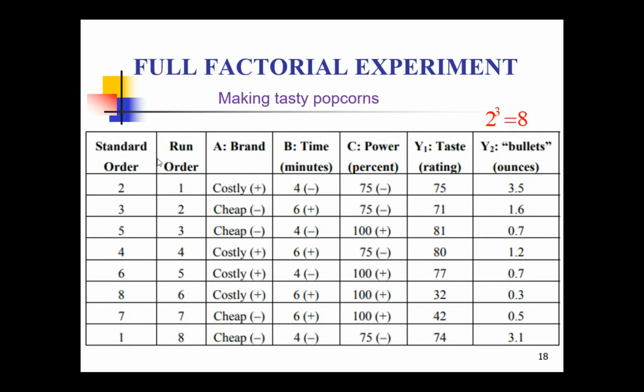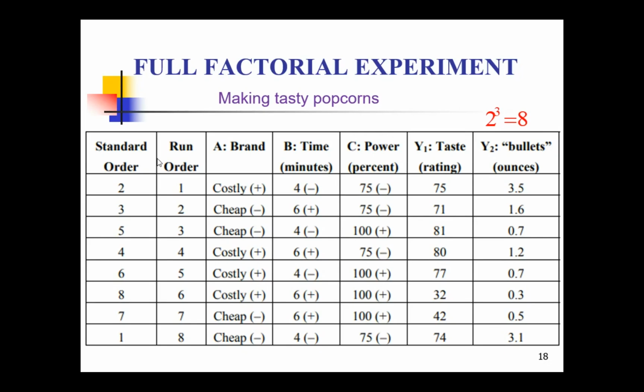The first input is the brand of the corn that I am going to purchase, the time for frying, and the power that is being required. And the outputs that I am going to measure are the taste of the popcorn obtained, what is the taste of the fried popcorns?